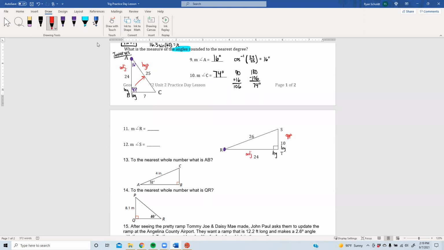But why? Because those are the two I want to use. Opposite and adjacent. So which trig ratio uses opposite and adjacent? Tangent. So I want to do the tangent inverse of my opposite, which is 10, over the adjacent, which is 24.